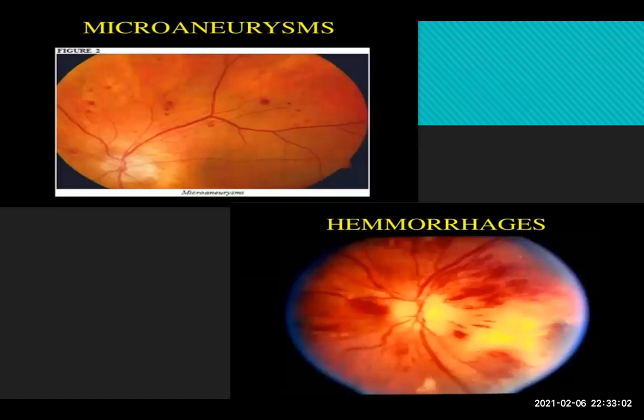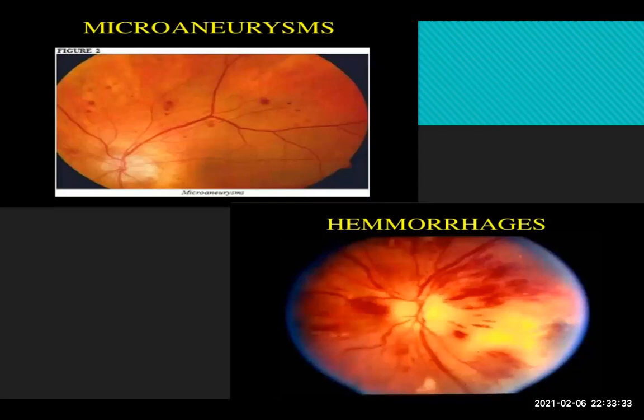So in these photos, you see now the hemorrhages and the microaneurysms in the peripheral and mid-peripheral retina, and the hemorrhages all over the fundus. These changes could be found with diabetic retinopathy, but they will also be found as abrupt changes in hypertensive retinopathy.